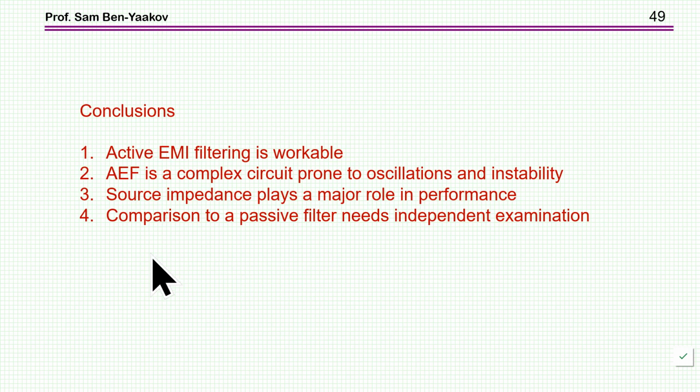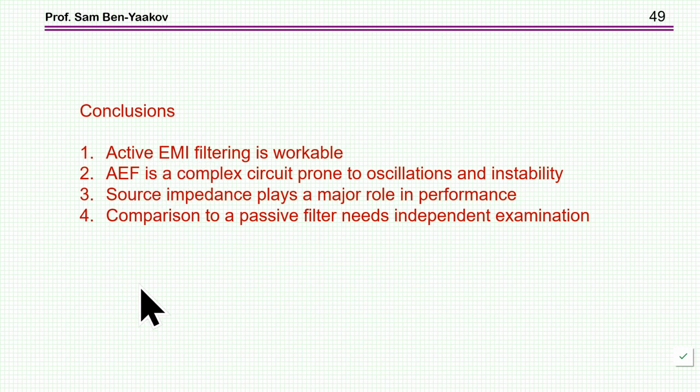And then, comparison to a passive filter was not done in this work. I didn't do it, although Texas Instruments is presenting some comparison. I think this should be done independently in order to see how much you really gain with this active filter.